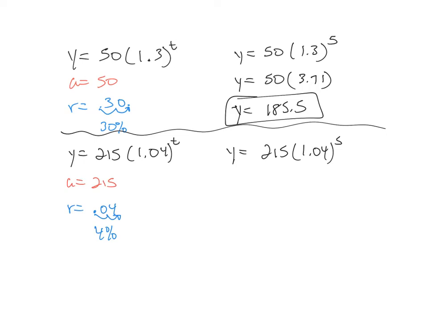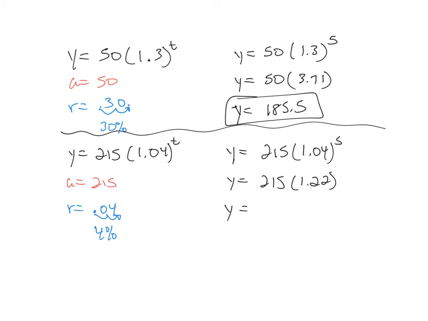So we get 1.04 to the 5th power is 1.22. I rounded that off. So it was 1.216. So the 6 makes the other one round up.